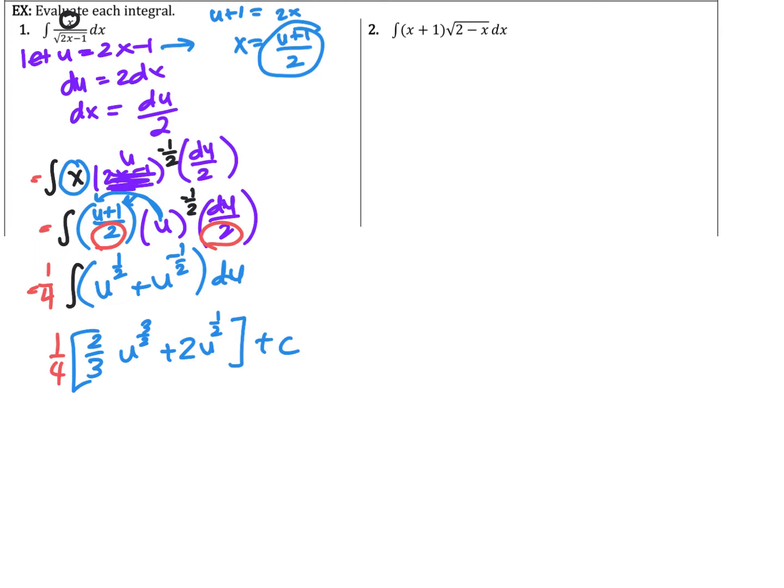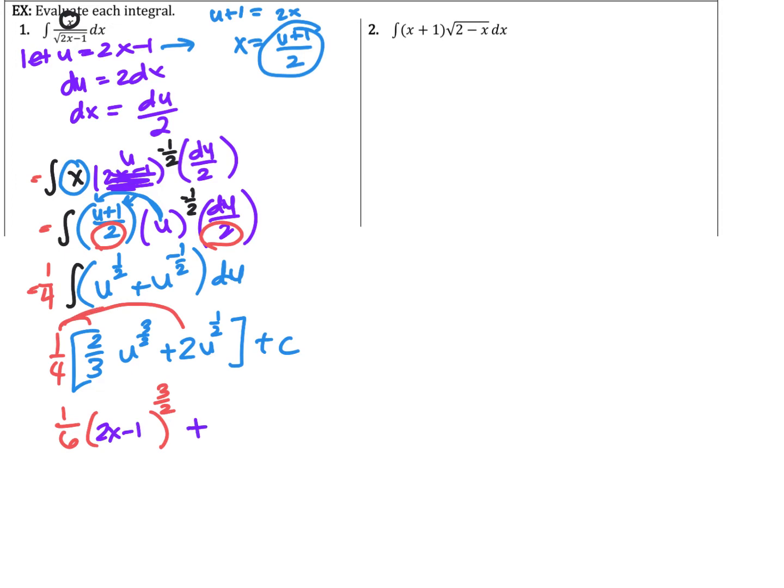And then I'm going to go ahead and simplify. I'm going to multiply my 1/4 in, and I'm also going to re-plug in what u was. So 1/4 times 2/3 is going to end up giving me 1/6 times, not u to the 3/2, but what was u? It was 2x minus 1.